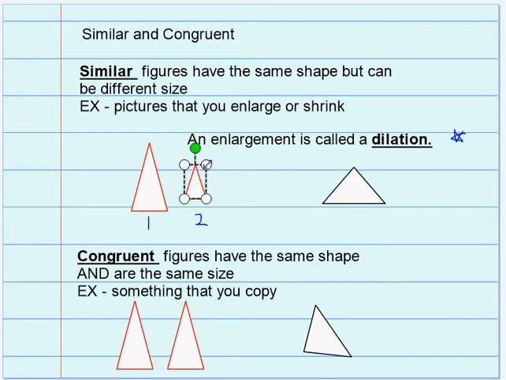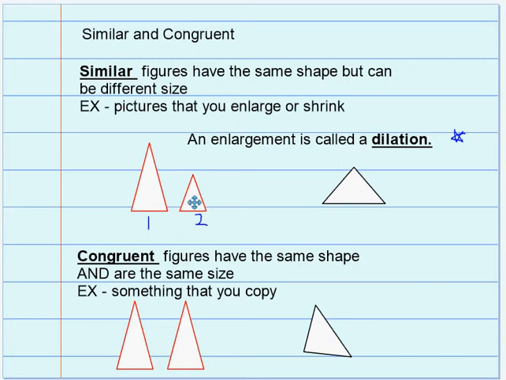If I take this triangle and make it larger, we can almost put it on top of there, right? If I go just a little larger, there we go. Okay, so that's a dilation. I made the triangle, I just scaled it up from this triangle 2 to 1, and that made 1.